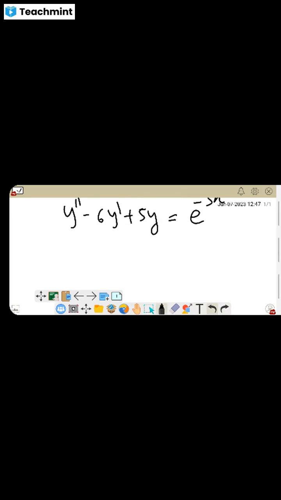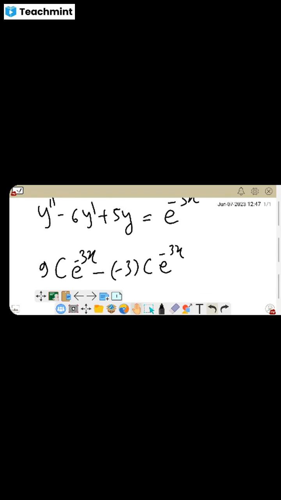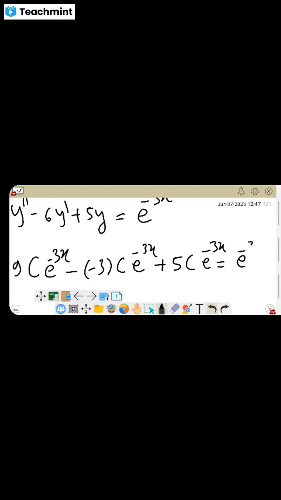So we have 9c into e to the power minus 3x minus 6 into minus 3c into e to the power minus 3x plus 5 into c into e to the power minus 3x, and on the right side also we have e to the power minus 3x.